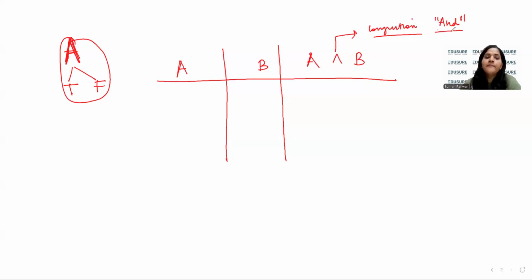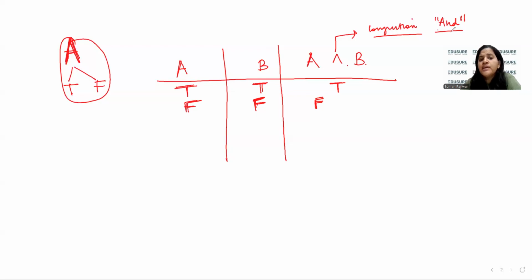So if A is true, B is true, then definitely A and B will be true. If A is false, B is false, then A and B will be false.